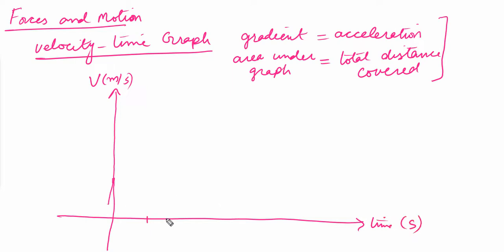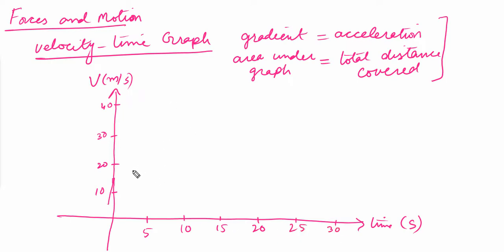Let me divide the time axis in intervals of 5 seconds, and I'll divide the y-axis in intervals of 10 meters per second. So it's 10, 20, 30, 40. Over here I have 5, 10, 15, 20, 25, and 30.